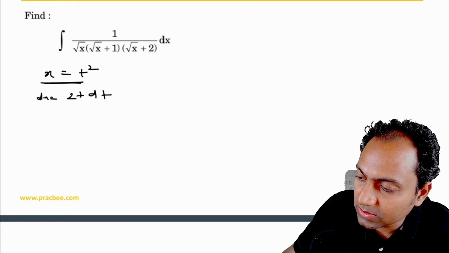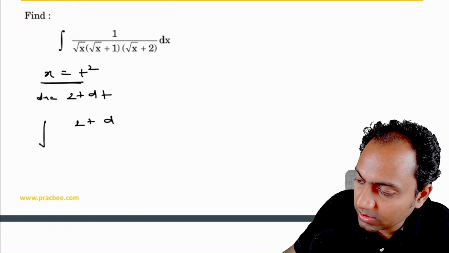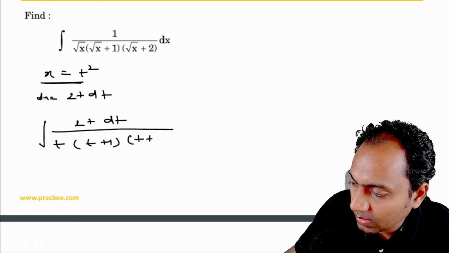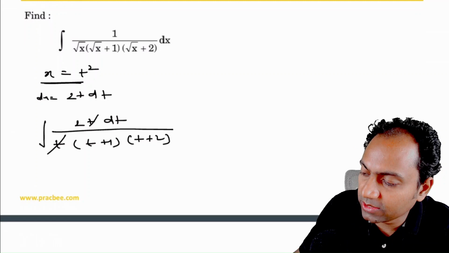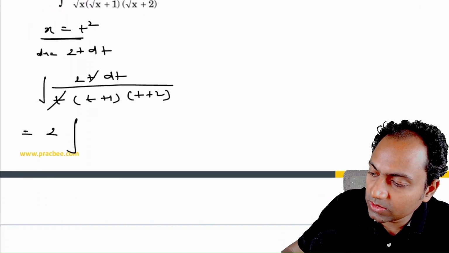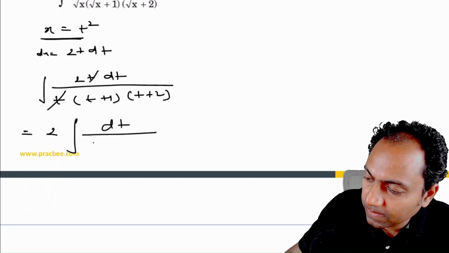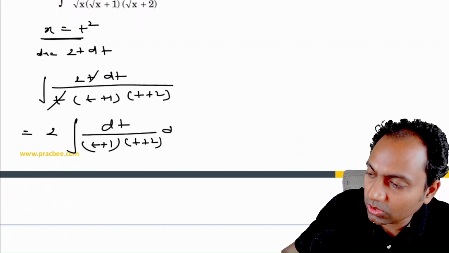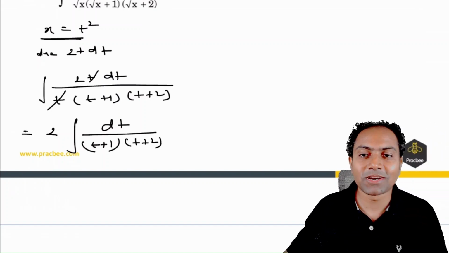And if this happens, this becomes 2t dt by t, and this will become t plus 1, this will become t plus 2. This reduces into the question that we just solved. This becomes nothing but 2 times integration of dt by t plus 1 into t plus 2. And this question we just solved when we started this topic.